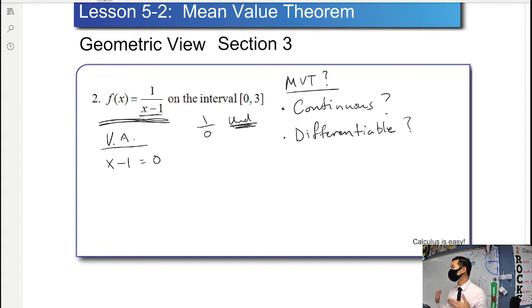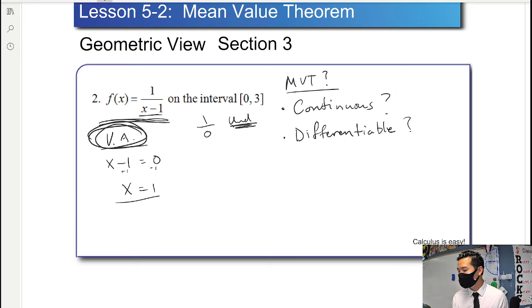What x value is going to cause us to have a 0 in the denominator? Solve for x. x minus 1 equals 0. Add 1 to both sides, and you end up with x equals 1, and you're going to have a vertical asymptote at x equals 1. So, is this function continuous on the interval from 0 to 3?